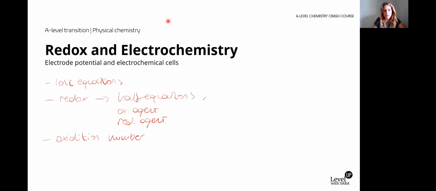So half equations, remember, for reduction, we have gain of electrons. So the electrons would go on this side, and normally we would form a negative ion. Or it could also be that we have something that is already positive, but it gains electrons and becomes less positive.